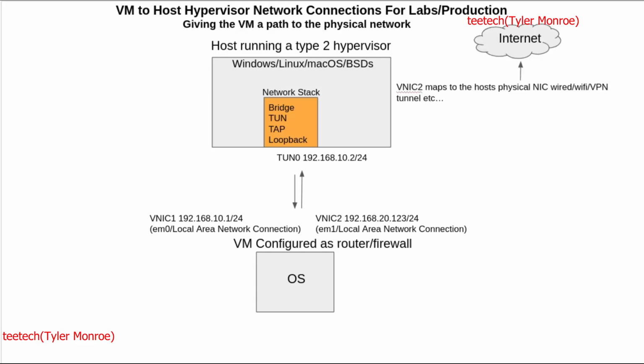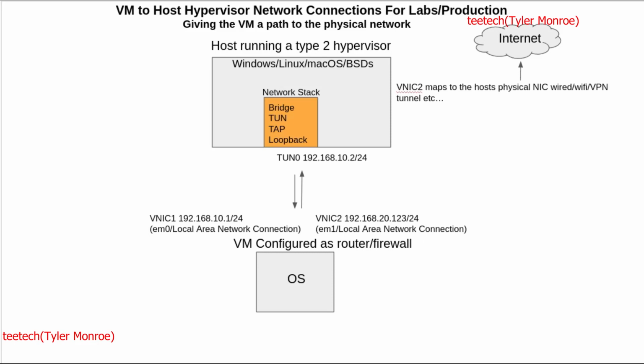So here we're doing the same thing, but in this case, if we had a router or firewall set up, something like IPFire, we can configure that as a router, and the virtual NICs just get routed at layer 3 like they would any other time.